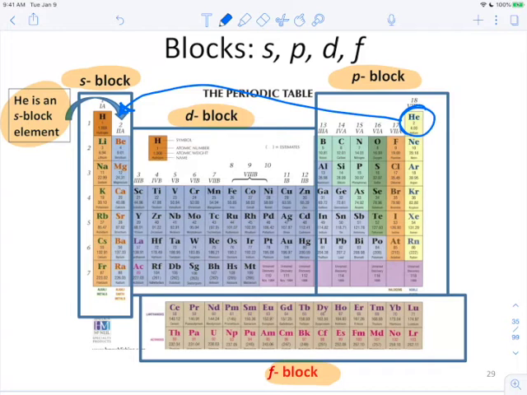Anybody want this slide for a little longer? Yeah. Okay, so I see a yes. Any questions about anything that we've done so far?